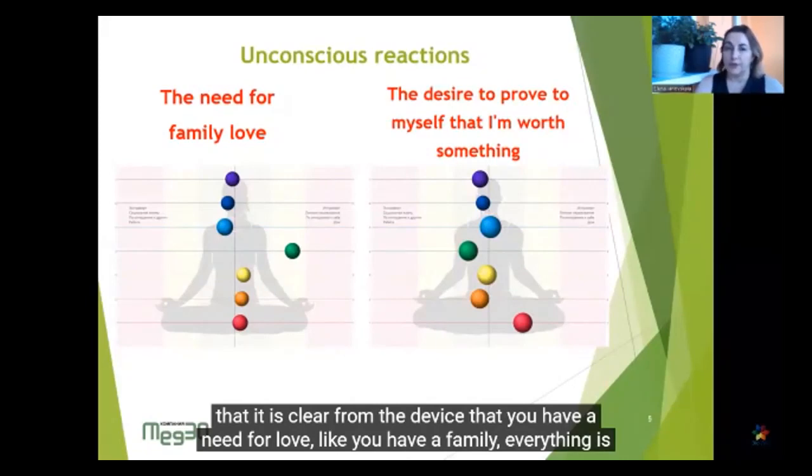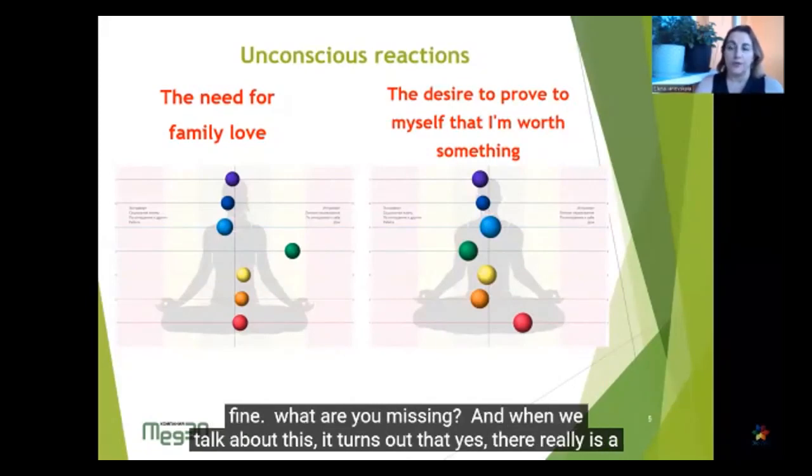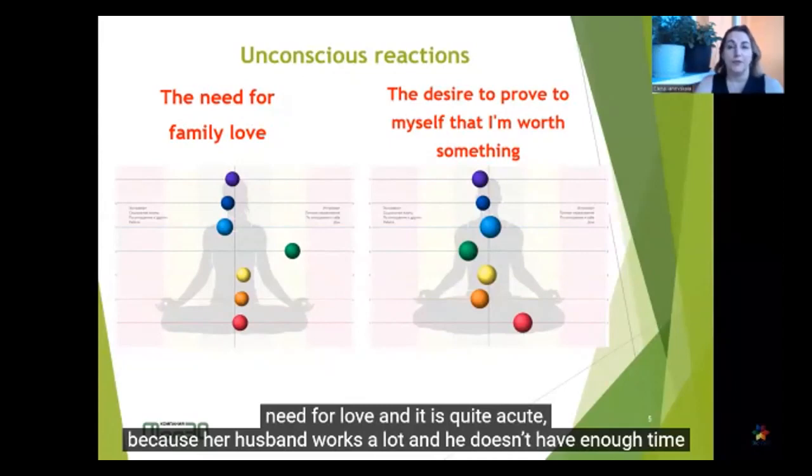Like you have a family, everything is fine there, but what are you missing. And when we talk about this more, it turns out that yes, there is really a lack of love, and it's quite acute because her husband works a lot and he doesn't have enough time to interact with her.